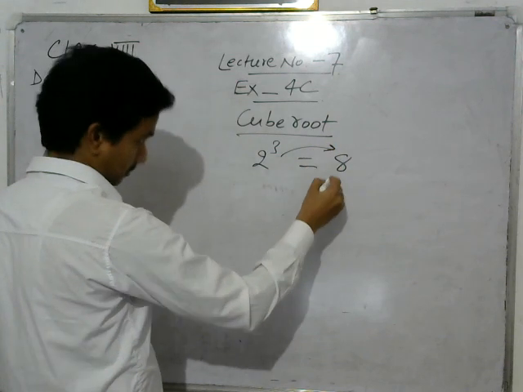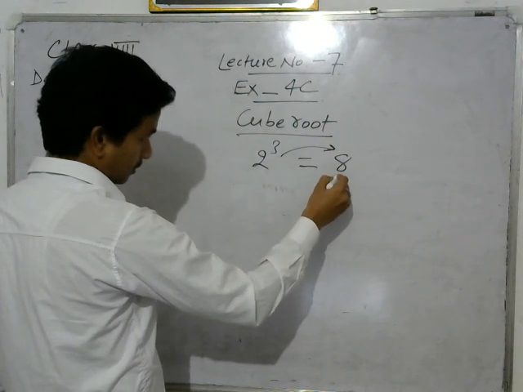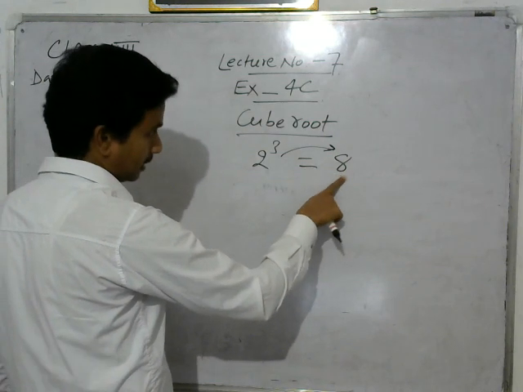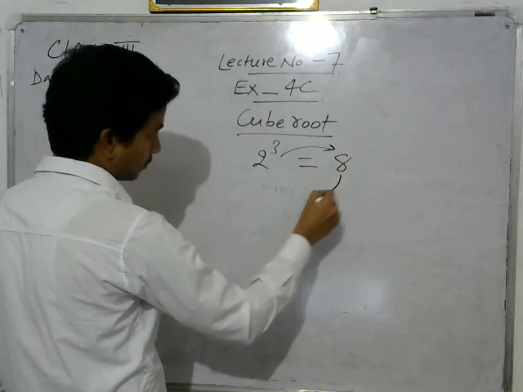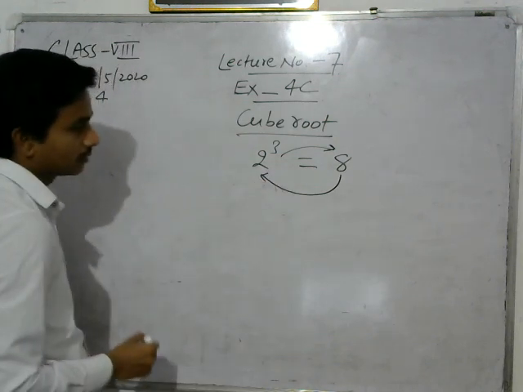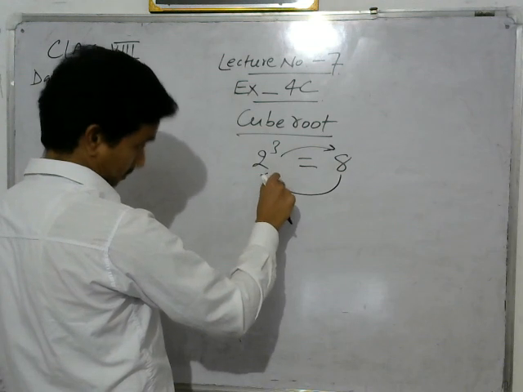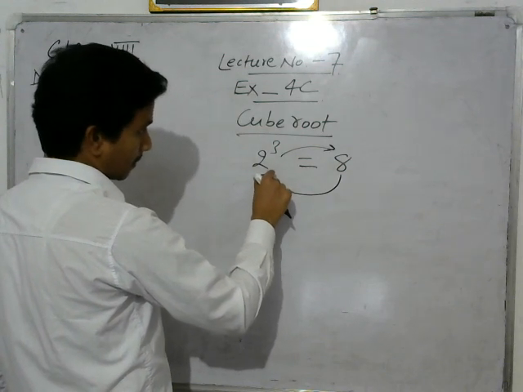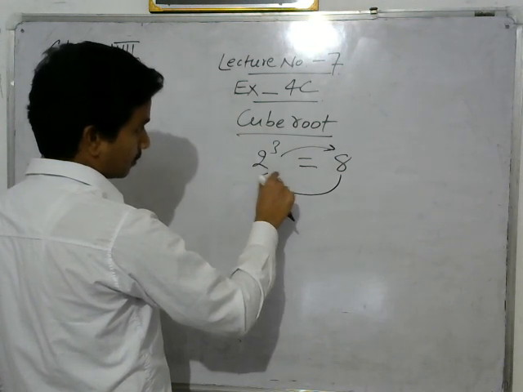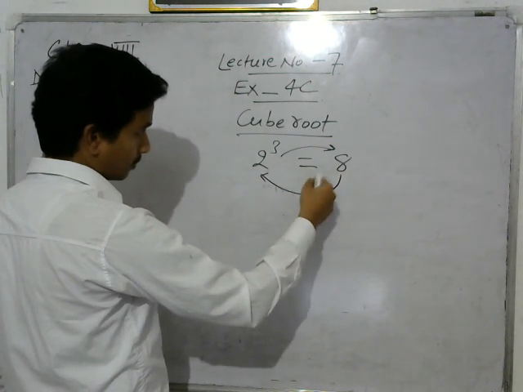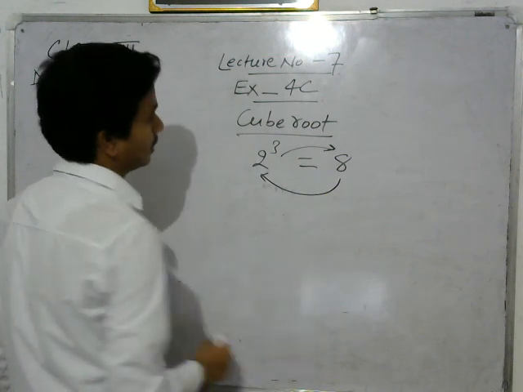Now if you are given a number 8 and we want to know 8 is the cube of which number, which number should be cubed so that we will get 8.